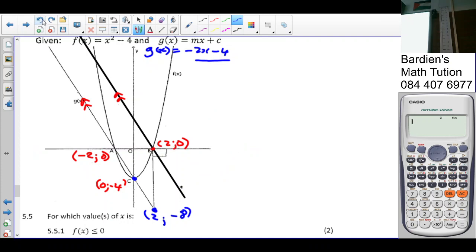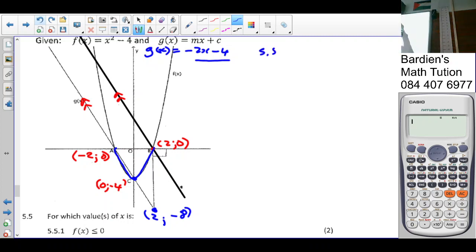So to answer the question, where is f of x less than or equal to 0? It's inclusive of, from A all the way to B. Is this a continuous or a broken solution? It's a continuous solution, so my solution must be together. So how do you answer that?